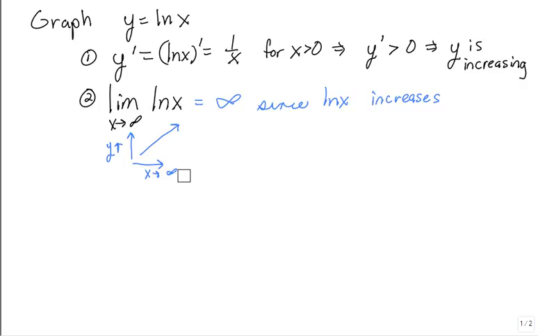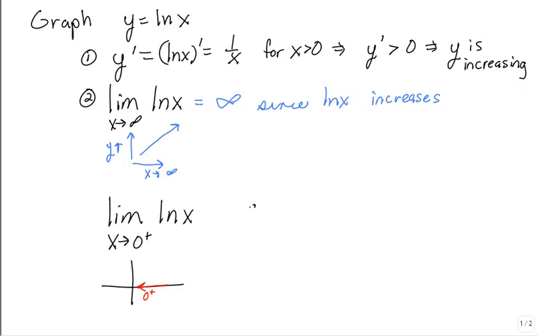Let's look at this limit. What happens as you go to the right of 0? So as you're coming in, here's your curve as you're coming in from 0 from the right. Let's see what happens to the graph.